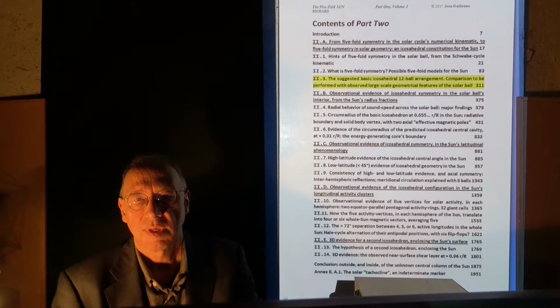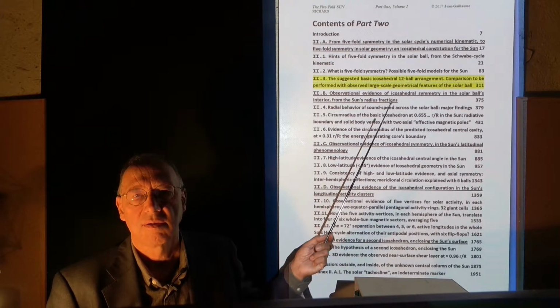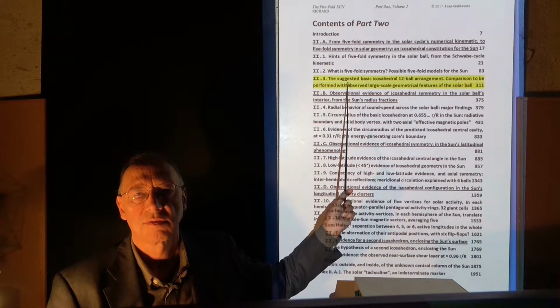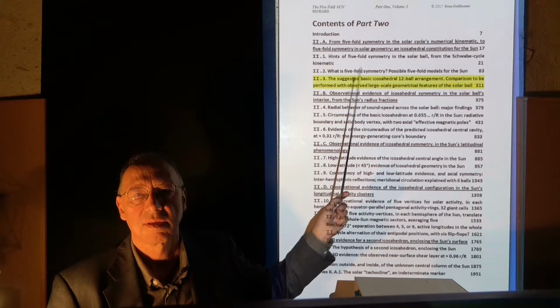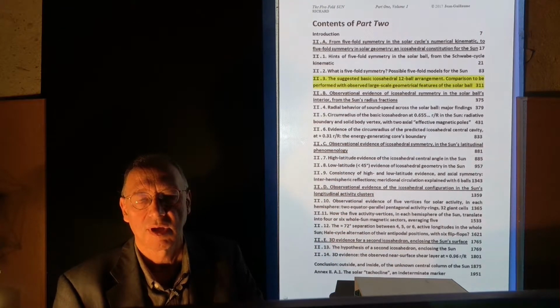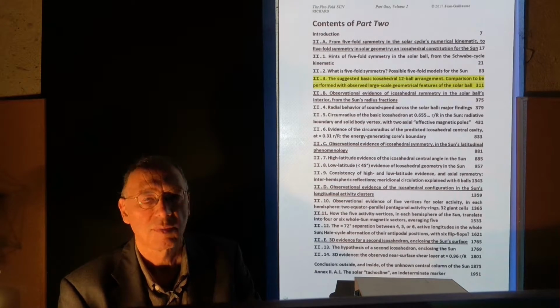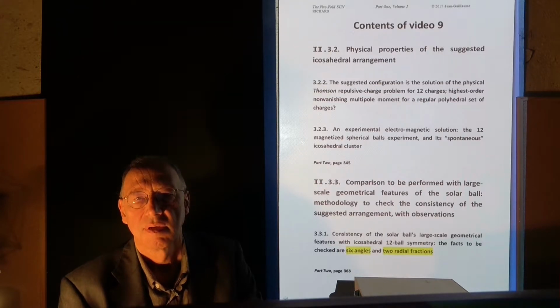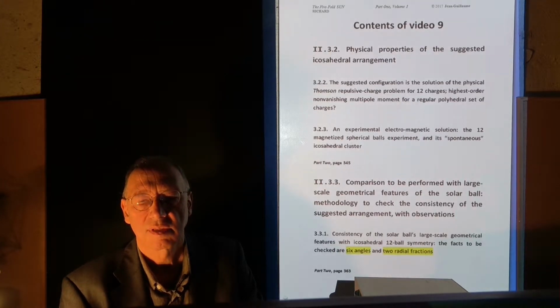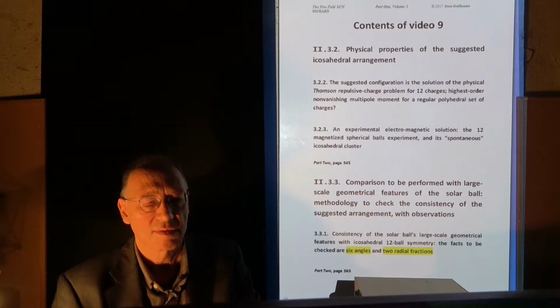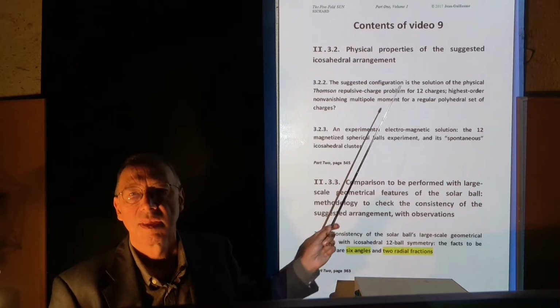As you see, we are at the end of section 2.3. We already described the proposed geometrical arrangement in video 8. Now we go further into its discussion. We briefly first discuss the physical properties of this arrangement.